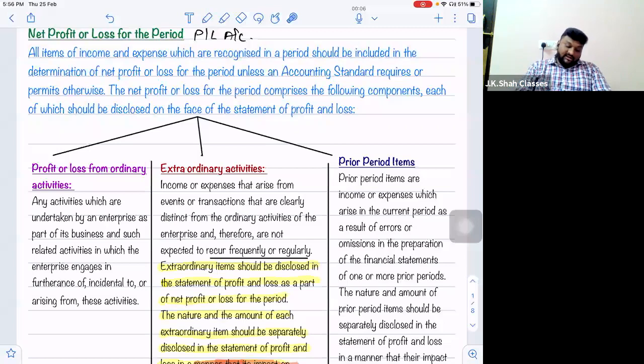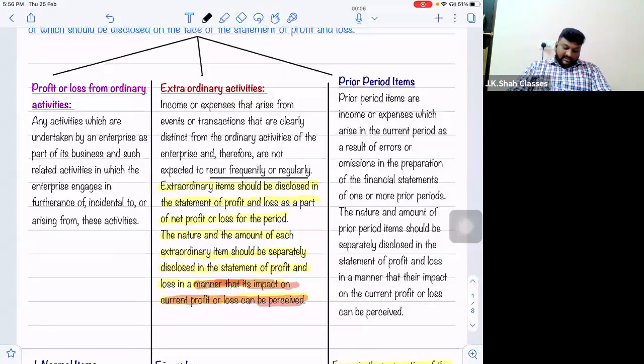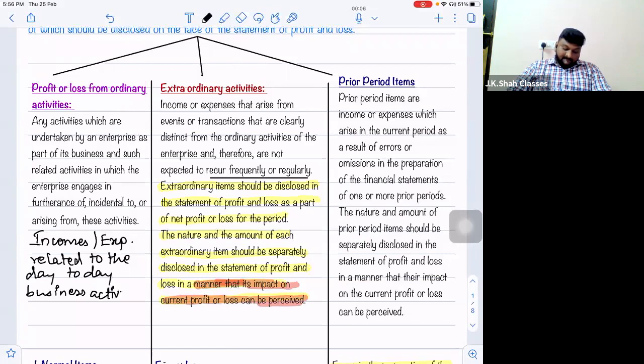So in short, I can say incomes or expenses related to the day-to-day business activities or operational activities. As simple as that.